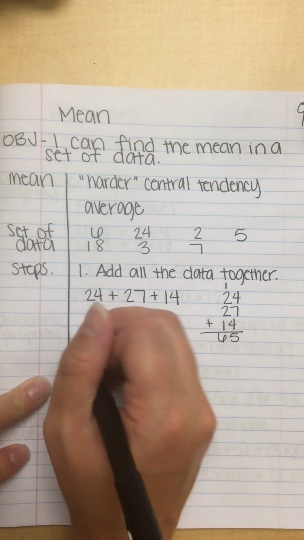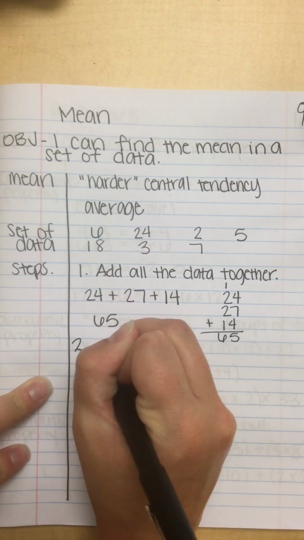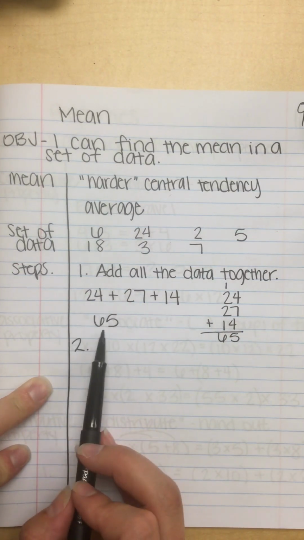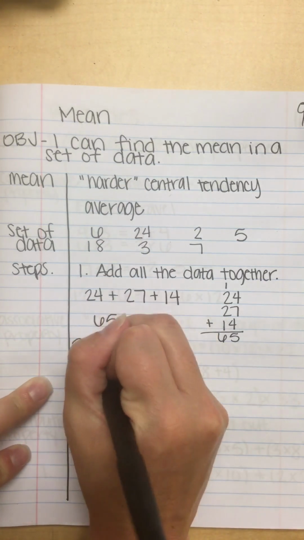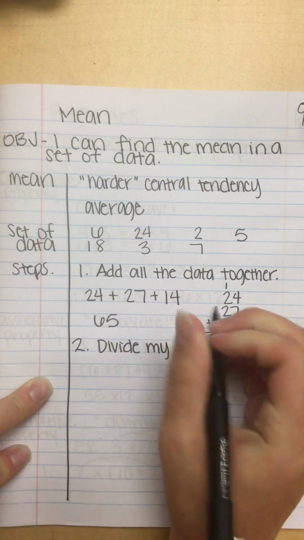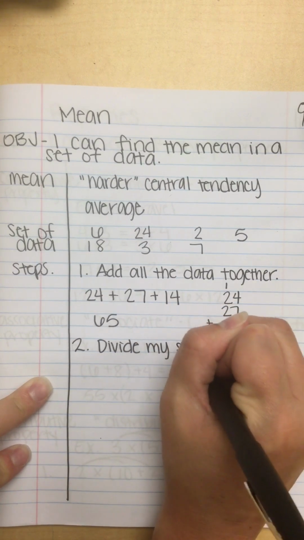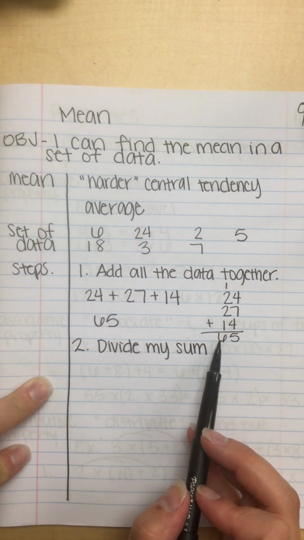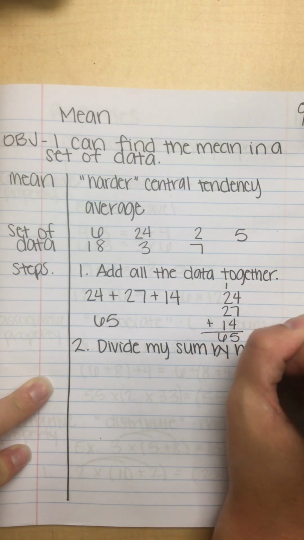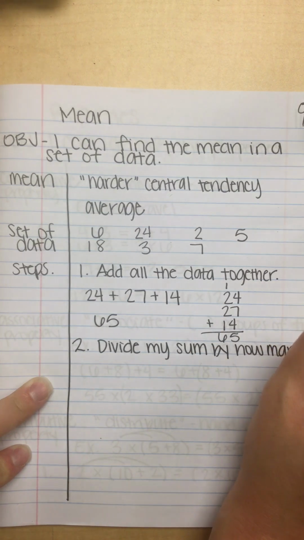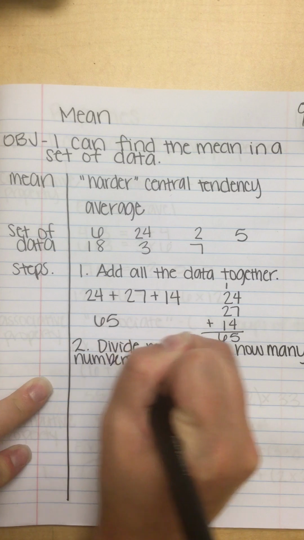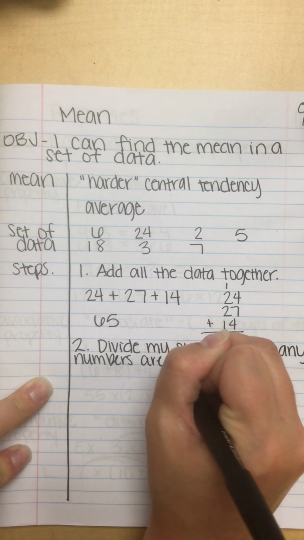Now, step 2, I'm going to divide whatever my answer is. So my answer is 65. So I'm going to divide my sum, that's just an answer to an addition problem, so that's 65, by how many numbers are in my data.